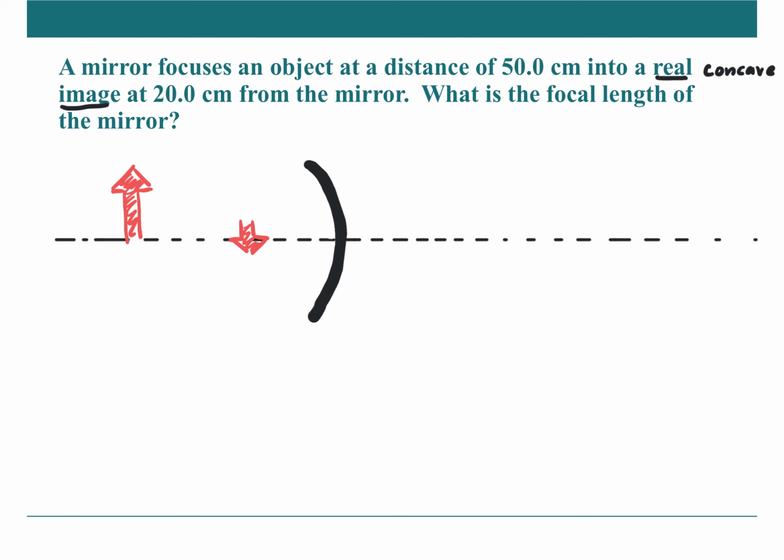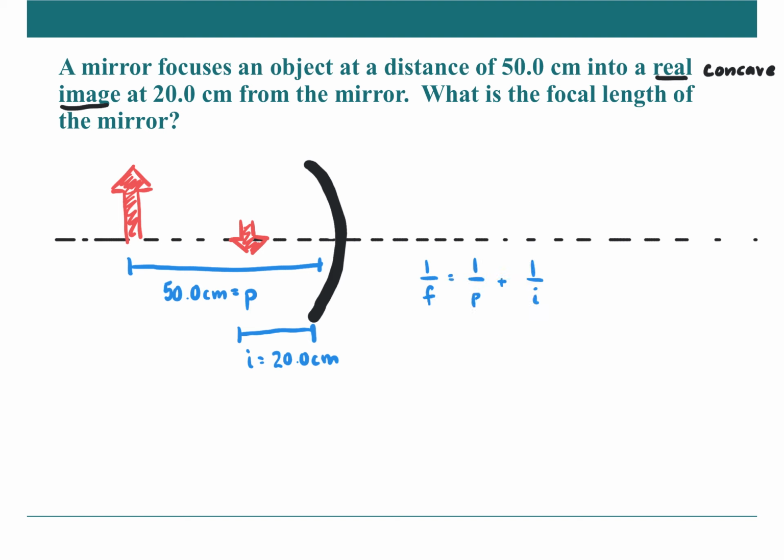What's the focal length of our mirror if the distance from our mirror to our object, this distance here, is 50 centimeters, indicative of the value p in our mirror equation, and this distance, which is also a positive value, the distance to our image, is 20 centimeters, then what's f? If 1 over our focal length is still equal to 1 over p plus 1 over I, then this equation is just a matter of plugging in and solving.